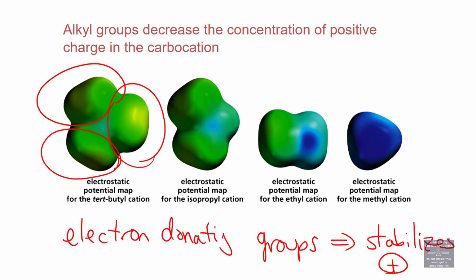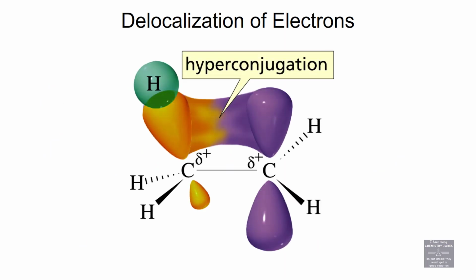How do those carbon groups help stabilize the positive? Through something called hyperconjugation. Hyperconjugation is electron donation through sigma bonds. Resonance is electron donation through pi bonds and pi systems.